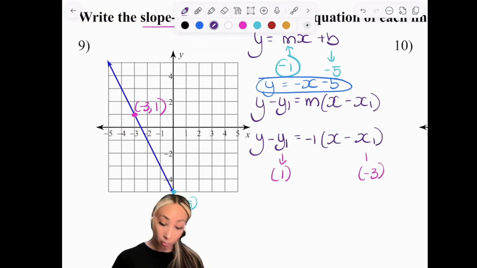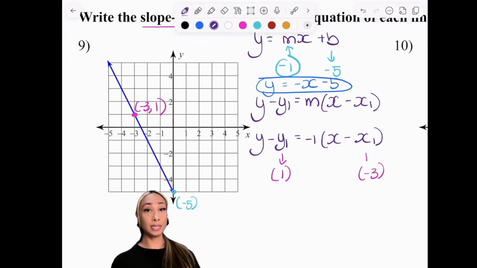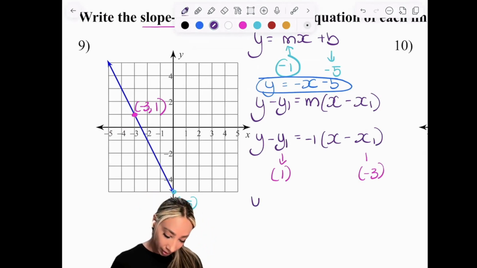So let's rewrite it. And if you've noticed in my previous videos and even this video, I am really annoying about rewriting things. And the reason for that is twofold. One, your teacher can see your mistakes or anything that might need tweaking. Two, you can do the same, and then you're going to know exactly how to fix it, right? So here's my equation. 1 is equal to -1, bracket x minus -3.